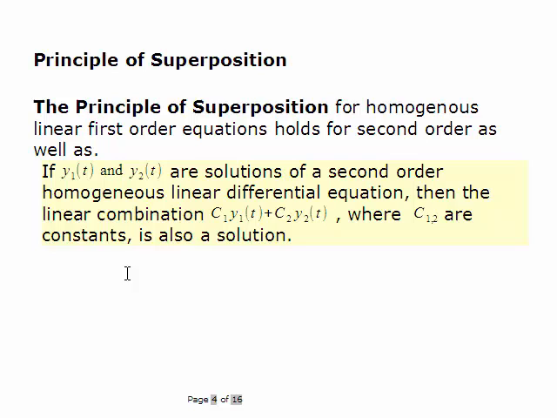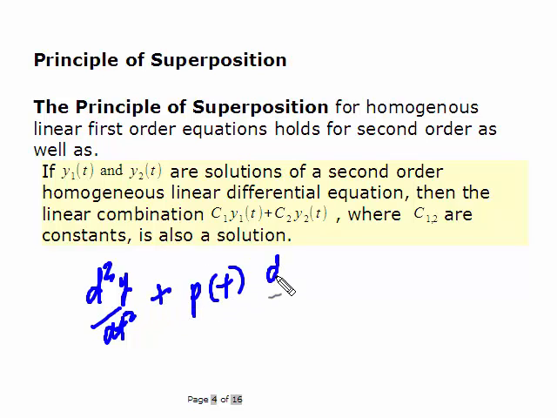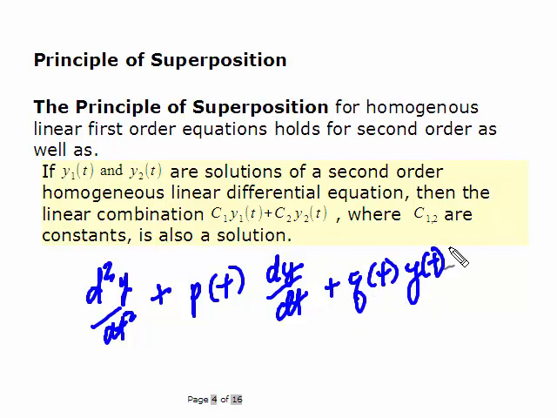So you have a second order differential equation and you find two solutions that satisfy the equation. Again, we're working on linear ones right now, and these are homogeneous. So this is 0.